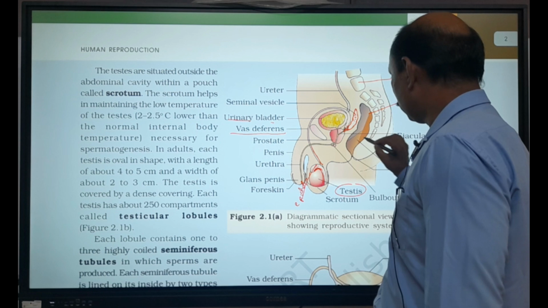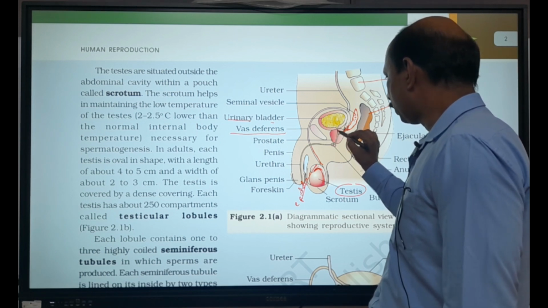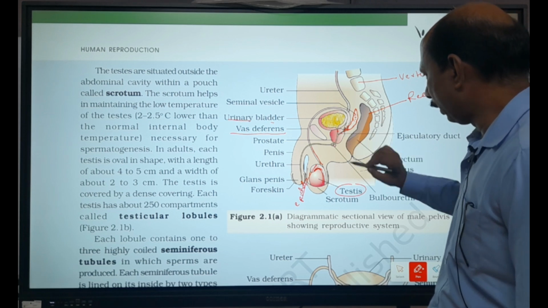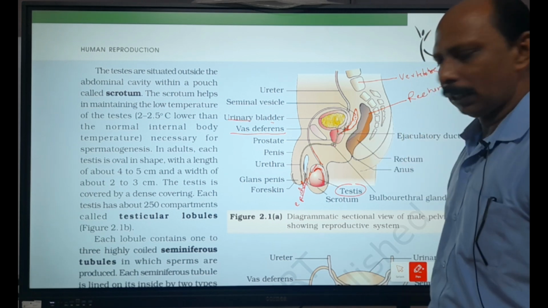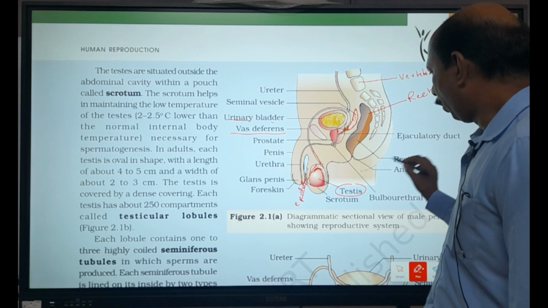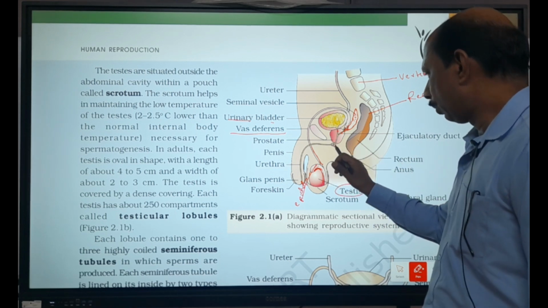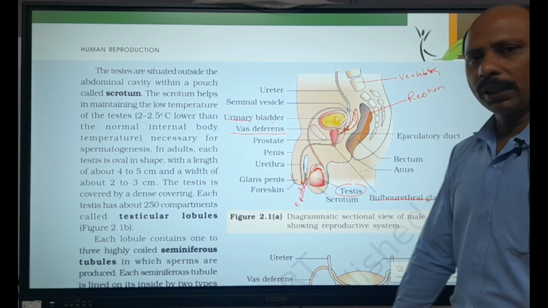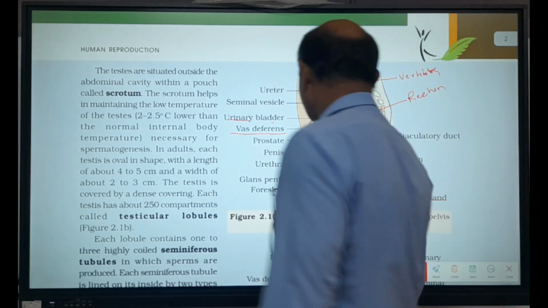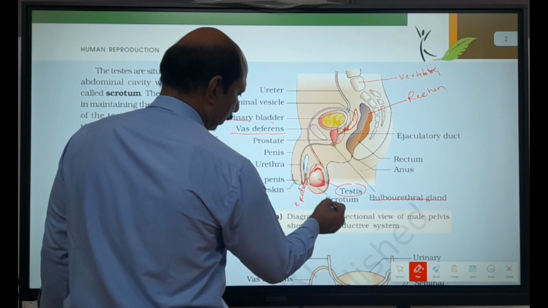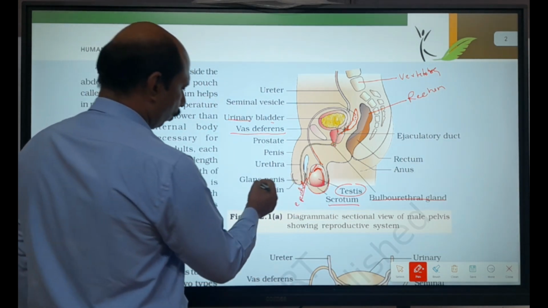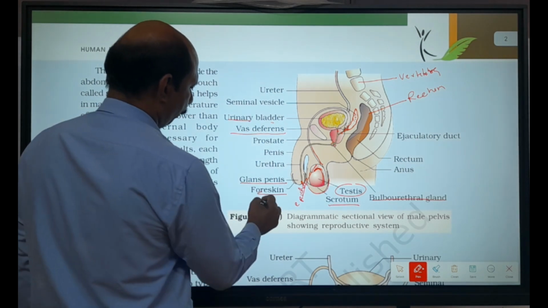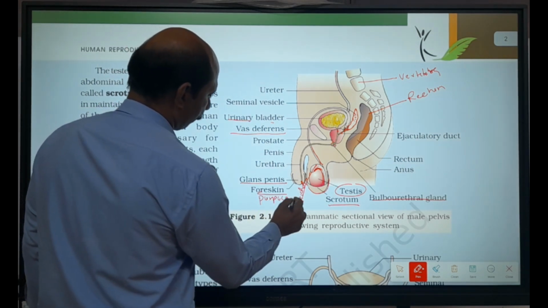When they fuse with each other, from the urinary bladder and from this gland, it is called the ejaculatory duct. Now here, two membranous glands are present, called bulbourethral glands. This is the skinny covering called scrotum. This is the glans penis, with the foreskin, also called prepuce.